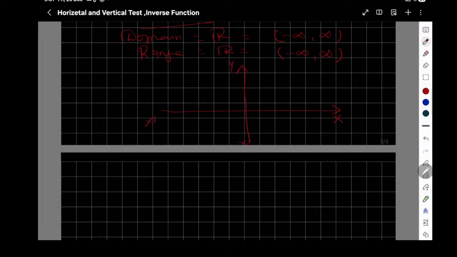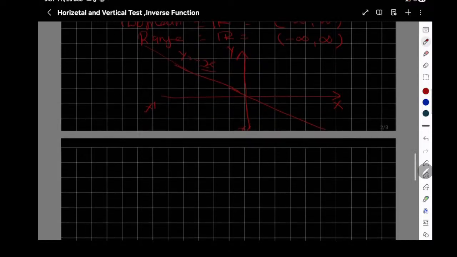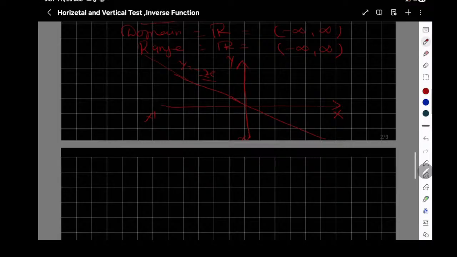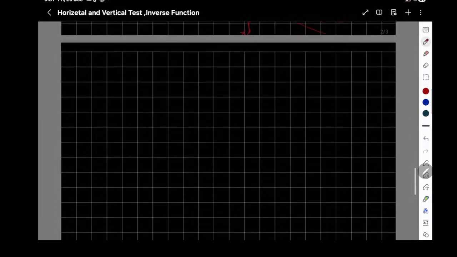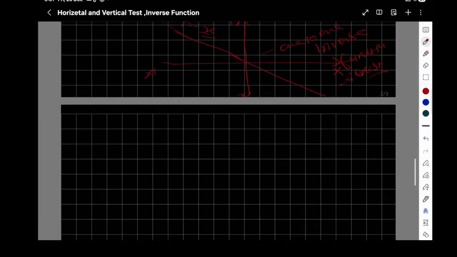The graph passes through the origin, looking like this. This is the decreasing function y = -x. Since it is decreasing throughout its domain, the function is one to one and the inverse function exists. So we have to see the vertical test and horizontal test, and whether the function is increasing or decreasing.